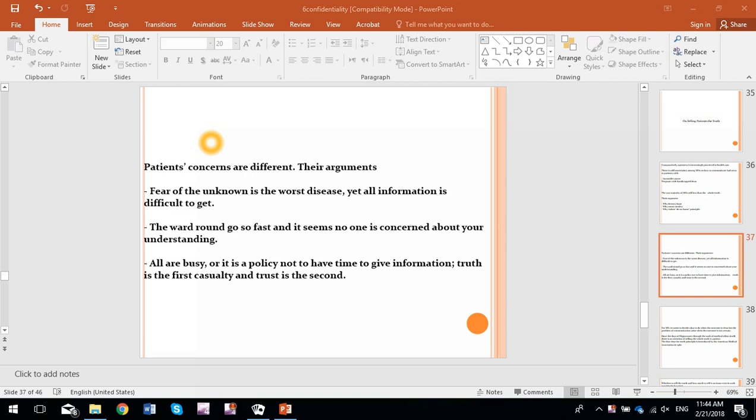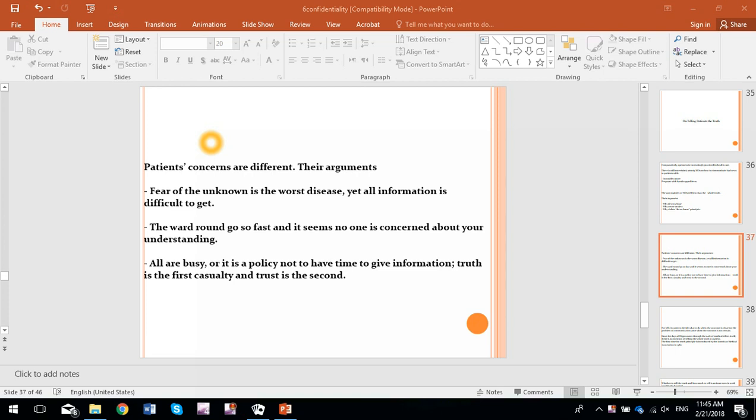Again, they said that when the physician and the team go on the ward round in the morning or in the afternoon, it goes so fast, and it seems no one is concerned about your understanding. No time is devoted during the ward round to make the patient understand what's wrong with him.